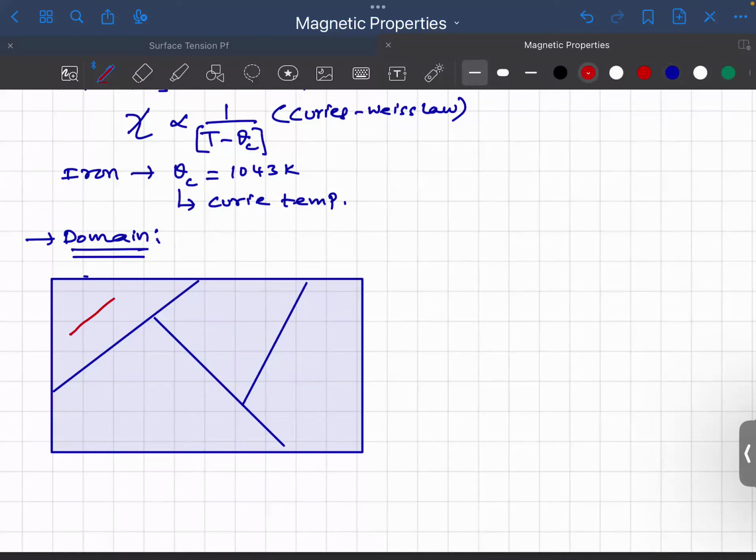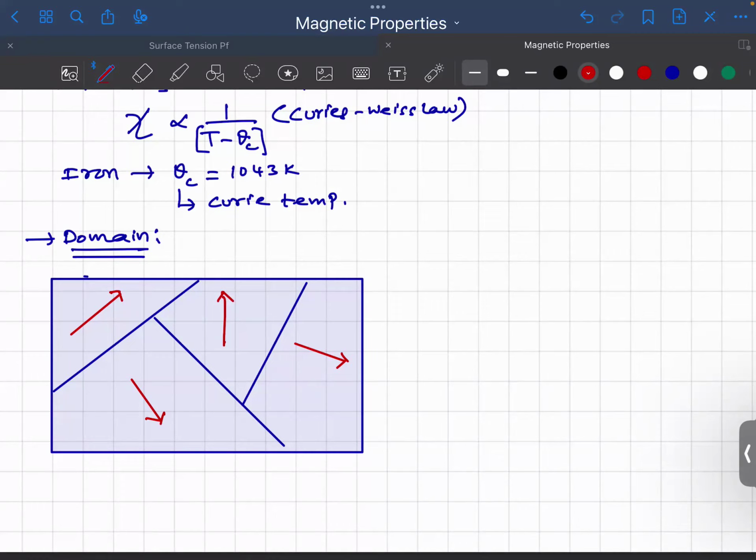This entire volume will have a net magnetic moment in this direction. Within the domain, all will have the same direction. But neighboring domains are not necessarily in the same direction. So in the unmagnetized state, maybe the net magnetic moment is 0.